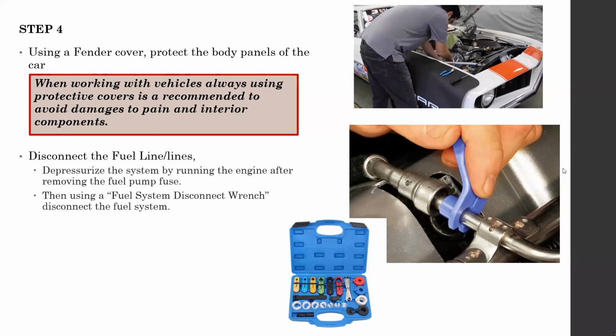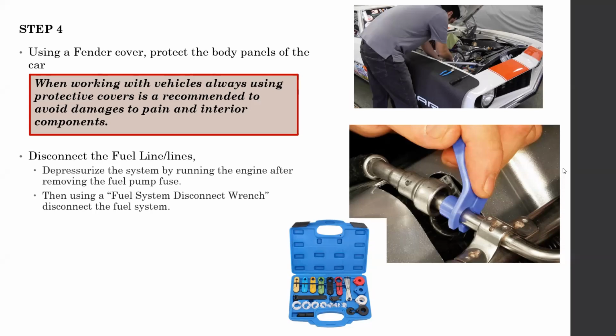If it is an electronic fuel injection system, in order to depressurize the system, you have to open the fuse box and find the fuse that goes to the electric fuel pump. Remove the fuse from there.